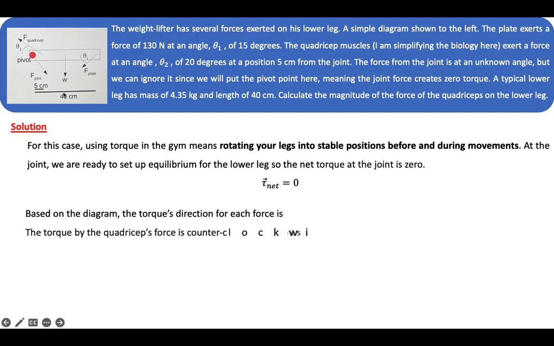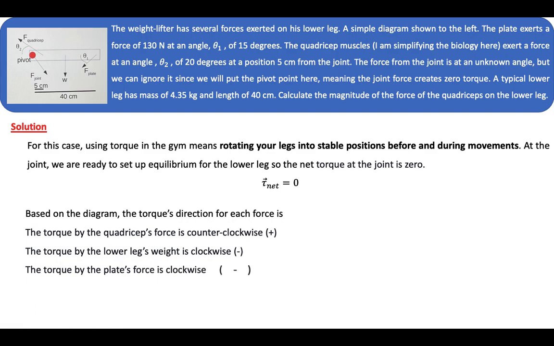The torque by the quadricep force is counterclockwise. The torque by the lower leg's weight is clockwise. And the torque by the plate force is clockwise. So the net torque equation for this case is quadricep torque, plate torque, and weight torque equals 0.